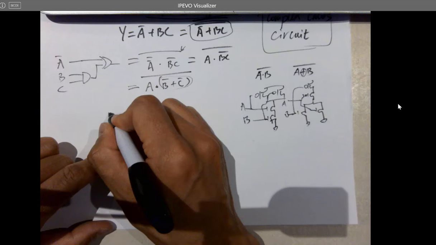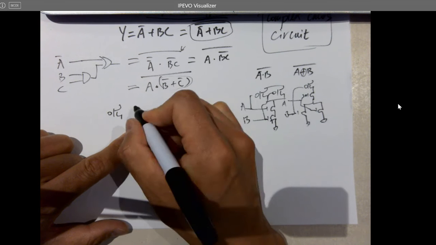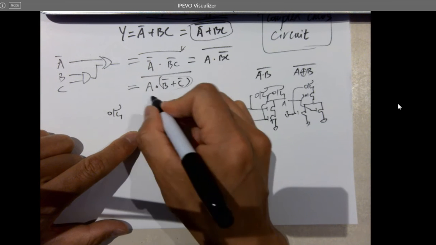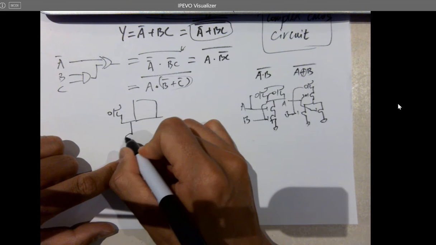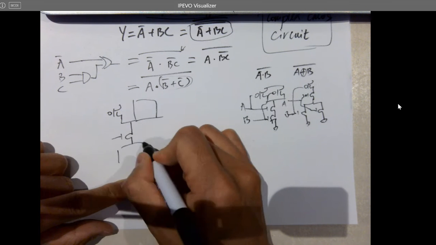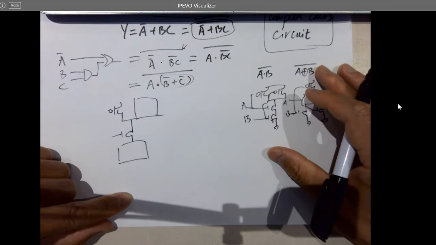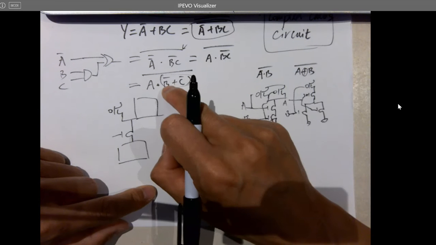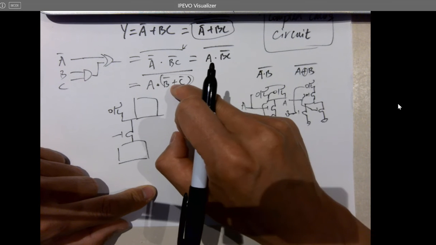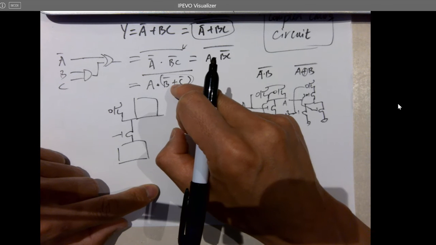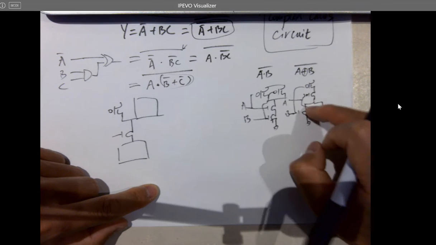So you need A and something in parallel, and also A and something in series. Now you can look at B naught and C naught. It's an OR logic below the bar, so the PMOSs need to be in series. Think about the NOR gate.